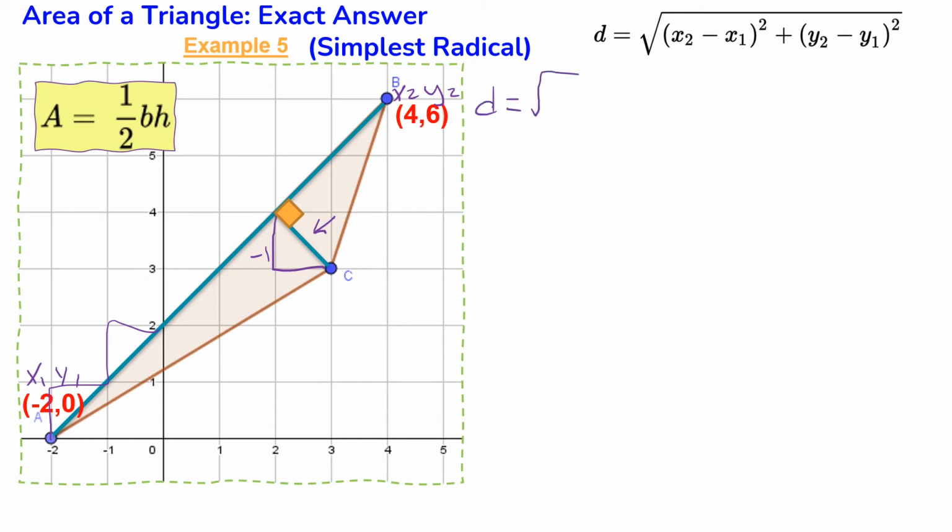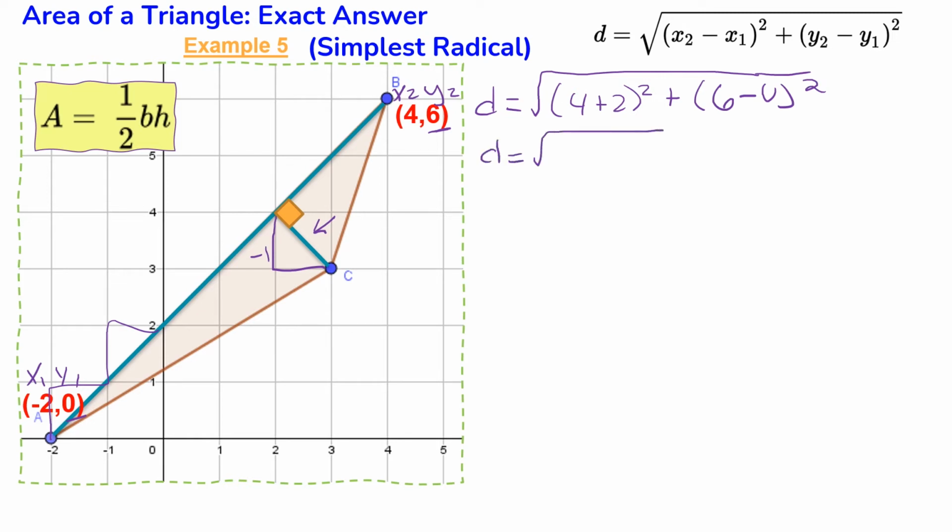So if I plug this into my distance formula, I'm going to have 4 plus 2, because minus a negative, right, is a positive, plus, and then my y2 and y1, that's going to be 6 minus 0. So that is my distance formula.